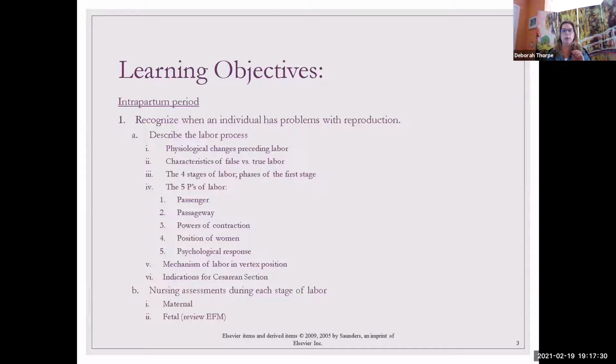So this week, these are the objectives. We're looking at what is the labor process, what is false labor versus true labor, the different stages of labor, the 5 Ps of labor, and then going into nursing assessments for both the mom and the baby.